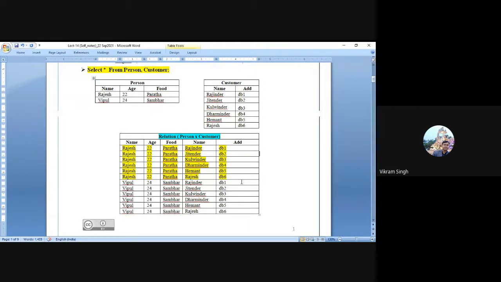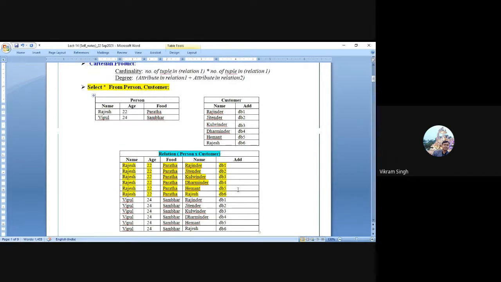You can be sure that there is no database query which requires this kind of data. So it is always necessary to remove these unwanted pairs of database tuples. The Cartesian product is not desired.